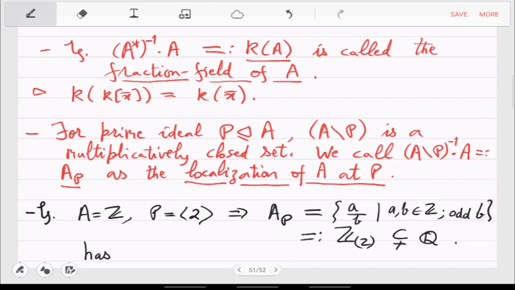And do you know a special ideal of this ring? Multiples of 2 here are again an ideal. This has P times AP as an ideal.